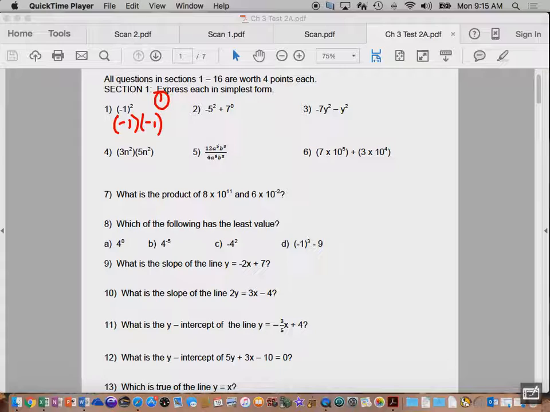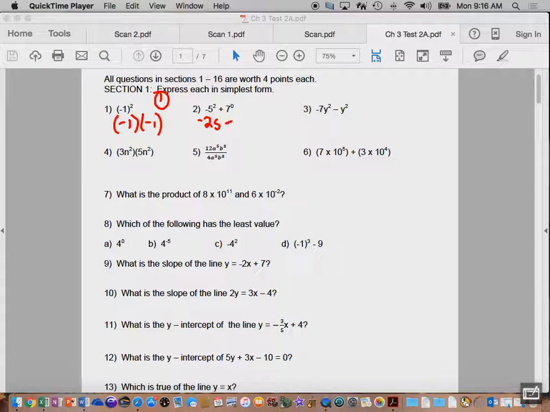Okay? The next one, number 2, illustrates the difference in what we're getting at with number 1. Notice number 2, the -5 is not in parentheses. When -5 is not in parentheses, that means you have to square the 5, then negate it. So the square of 5 is 25, then negate it, I get -25, plus 7 to the 0.